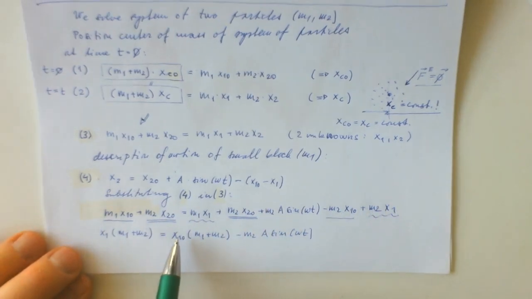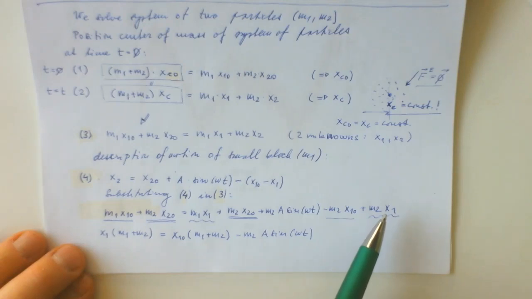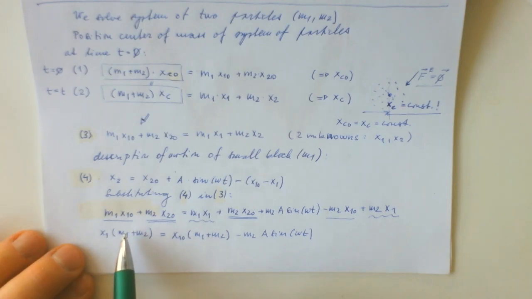And slowly we can calculate x1, putting this and this together, putting x1 out of the brackets on the left side of the equation, and all other terms we put to the right side.